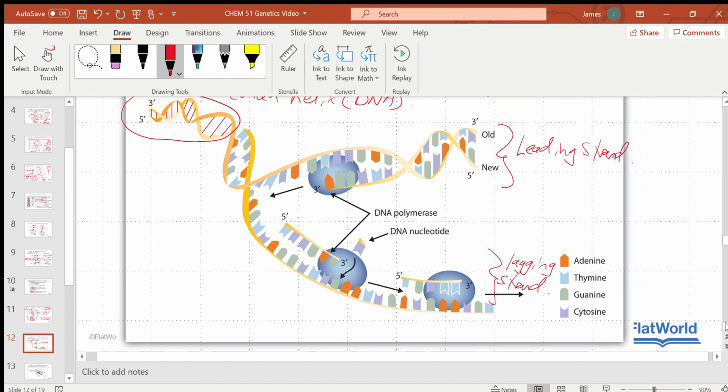Essentially, first of all, we're going to read in the 3 to 5 direction. Okay, and we're going to synthesize in the 5 to 3 direction.